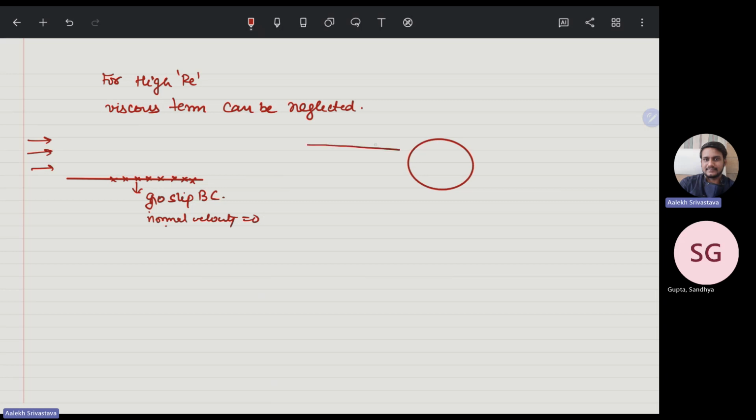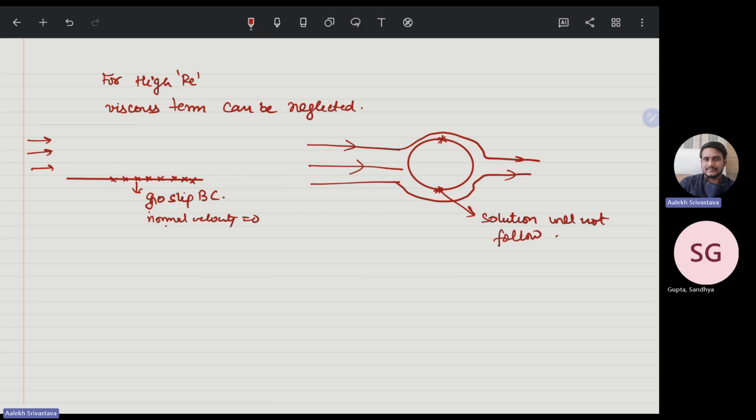If we apply this high Reynolds number assumption, at this point the solution will not follow the no slip boundary condition.